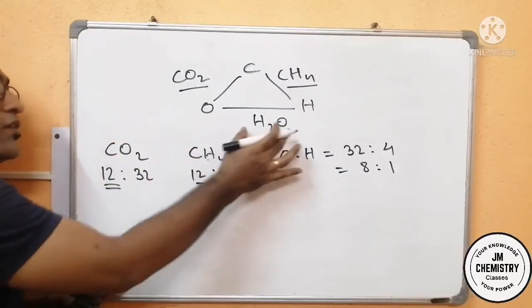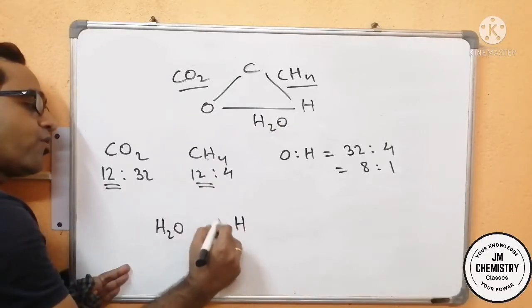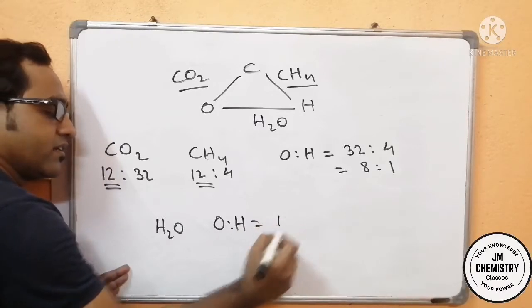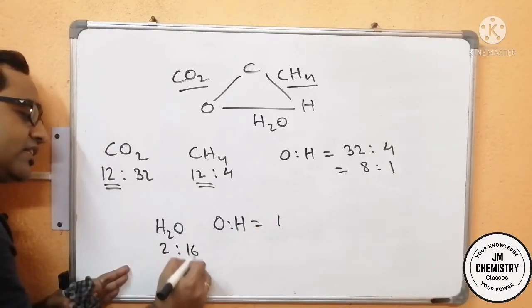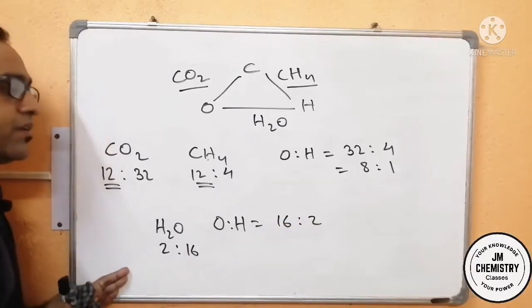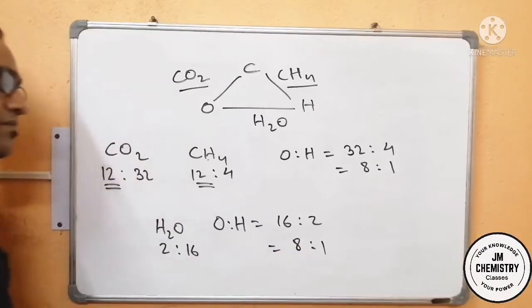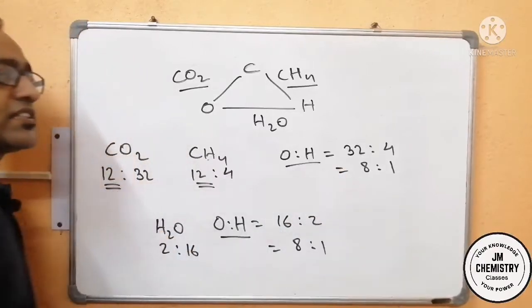Now in water, H2O, what is the ratio of oxygen to hydrogen? What is the ratio? 2:16, so we can write 16:2. So finally it becomes 8:1. So you can see this ratio and this ratio are the same.